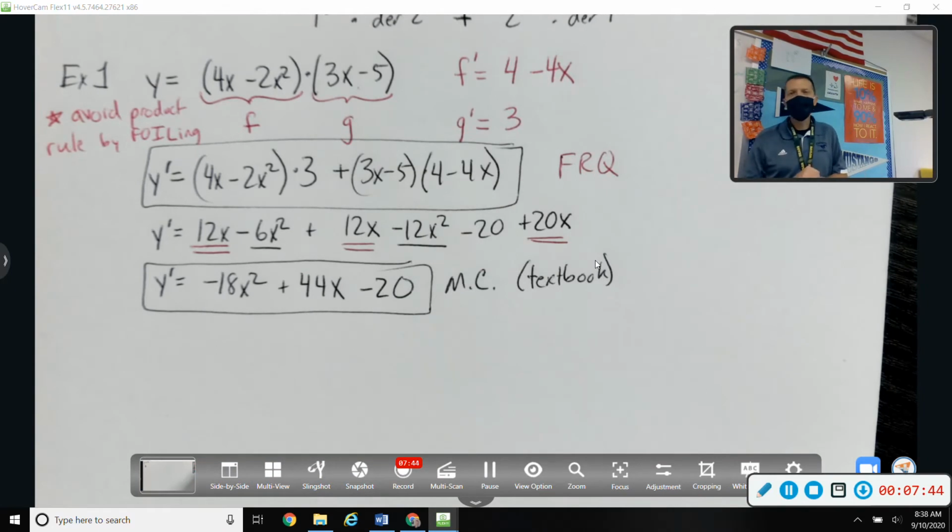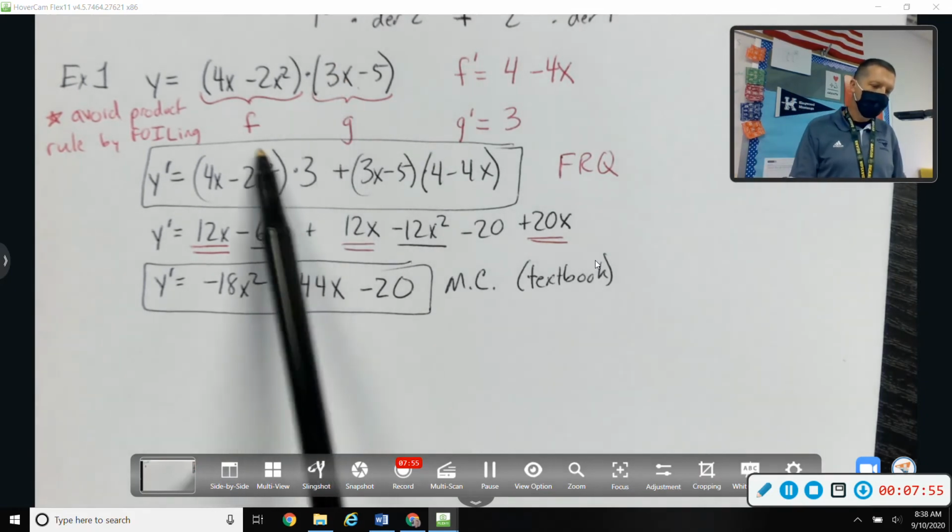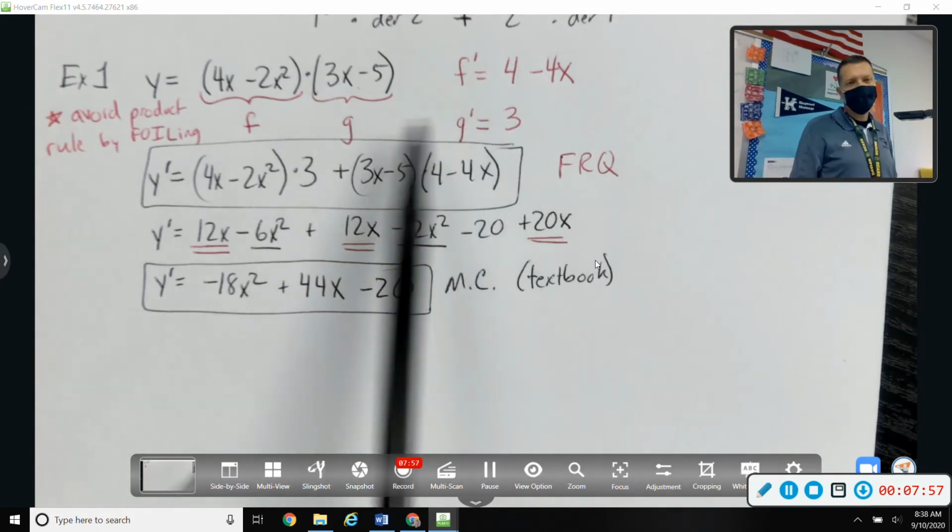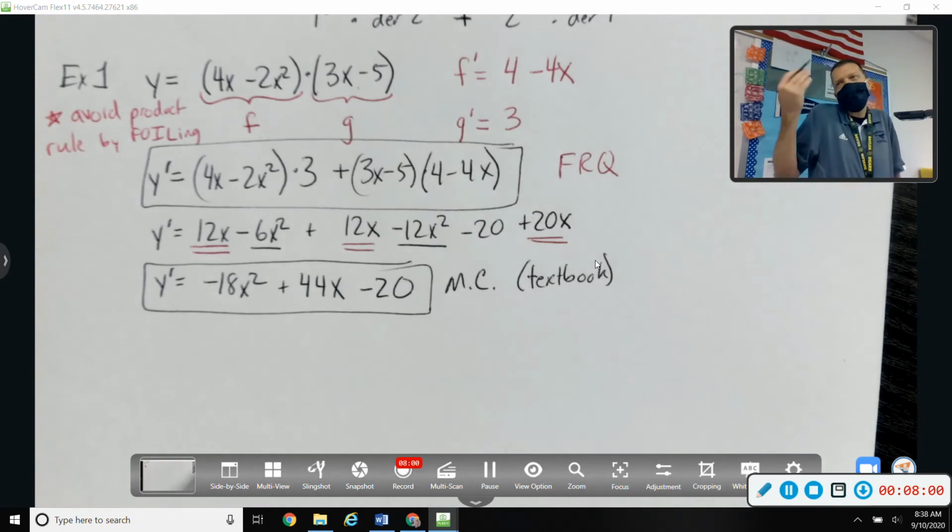If we FOIL that out, we just have an ugly polynomial, but polynomials are really easy to take the derivative of. So it's kind of just a matter of, well, which would you rather do? Would you rather FOIL this and then have an easy derivative, or do you want easy derivatives and then have to clean it up later? It's up to you.